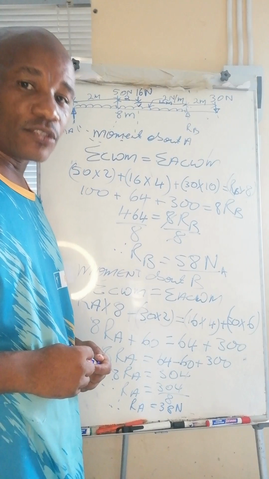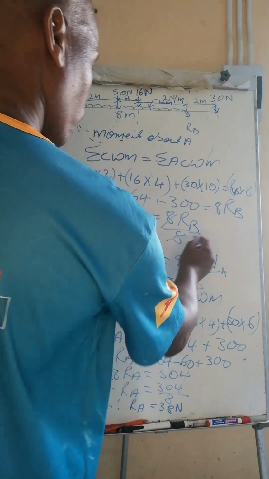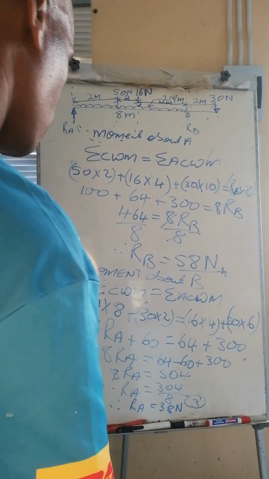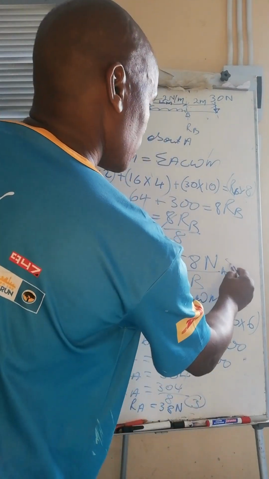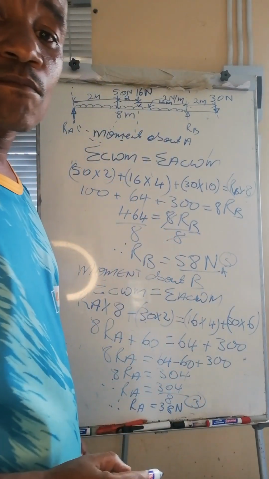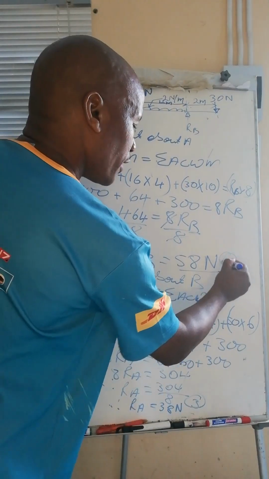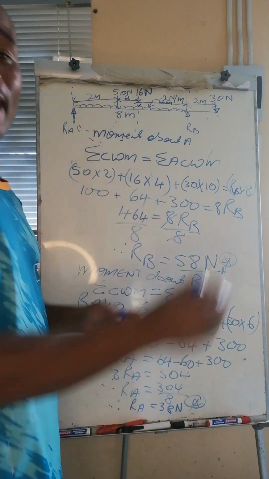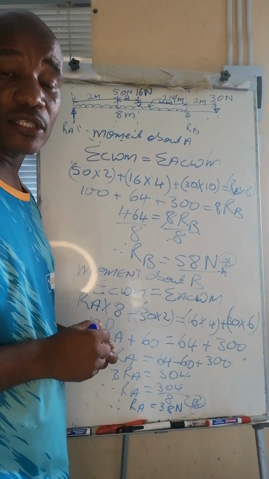You've got your 3 marks here, and you also got your 3 marks there. It might even go as far as 4, because they knew the cache here was a uniformly distributed load.